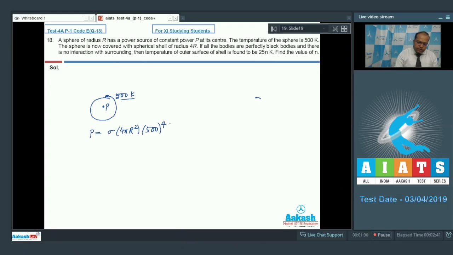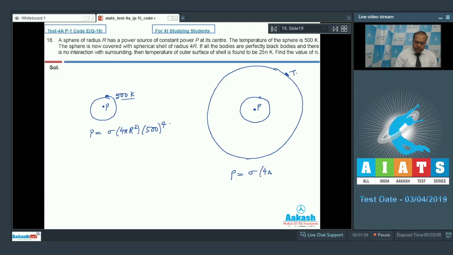Now, this sphere is surrounded by another shell of radius 4r and the power source is kept at the center. So in this situation, when the steady state has been achieved, let the temperature of the outer surface of this shell be T. So in a steady state, we can say that P is equal to sigma into 4 pi into 4r square into T raised to the power 4.